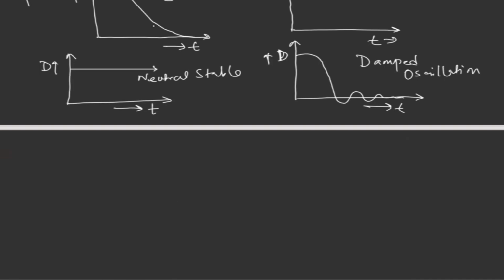And if you have a response something like this, in this figure, this is my time axis, this is my displacement axis. If the system starts from here and oscillates like this, going on with the same magnitude of oscillation, then we can say this is undamped oscillation.